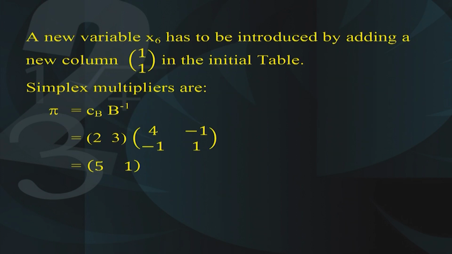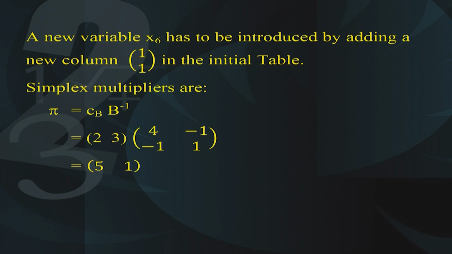Let us call it x6, because already we have 5 variables. x1, x2, x3 correspond to A, B and C, and x4 and x5 are the slack variables. So, let us use x6 as the variable corresponding to the new activity, or rather new variable, new product.